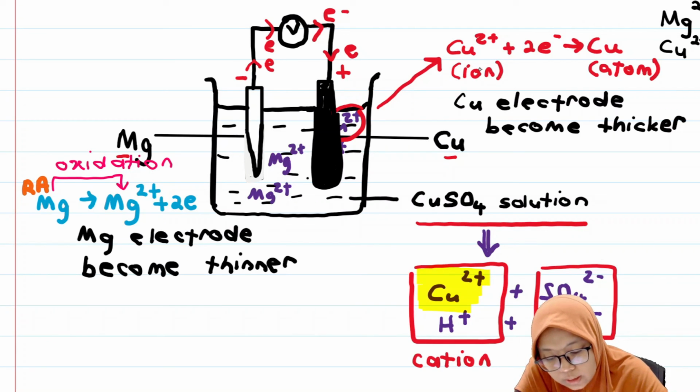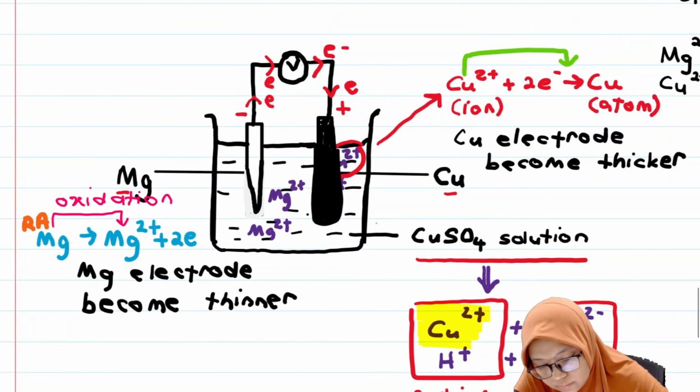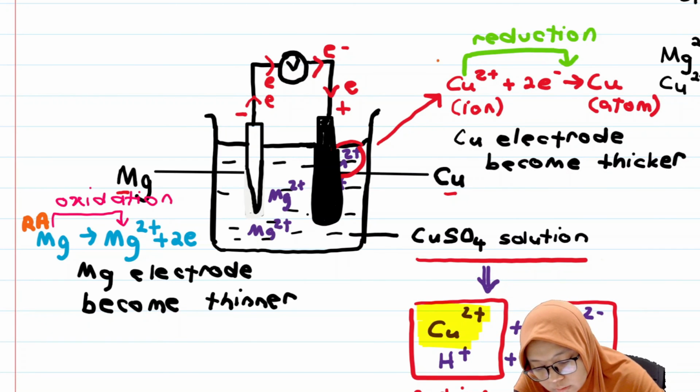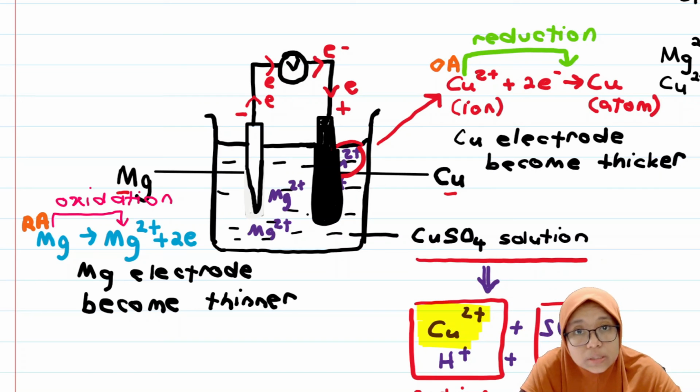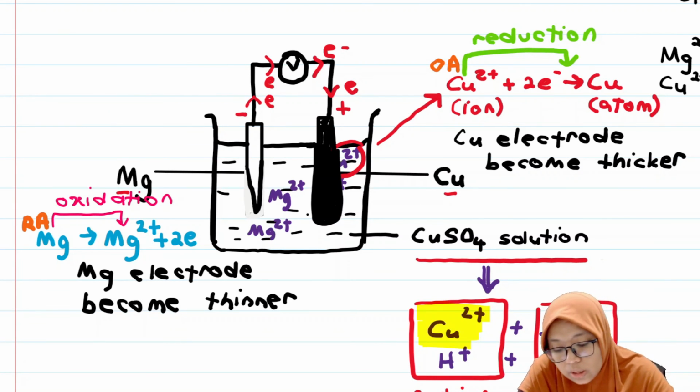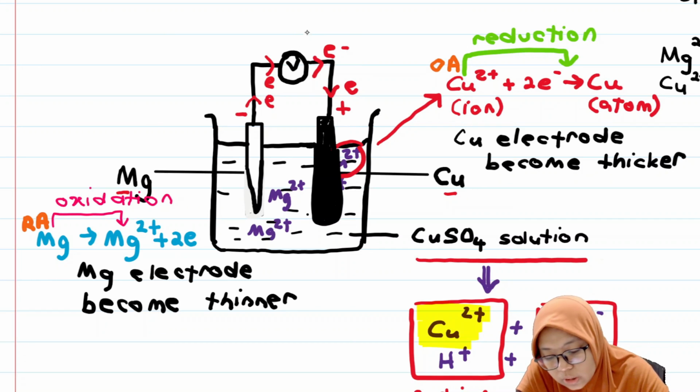And then at the copper electrode, the copper 2 plus ion will undergo reduction. So here copper 2 plus ion is the oxidizing agent. So the overall reaction is a redox reaction, and this is how you produce electricity. When the electron is transferred from the magnesium electrode to the copper electrode, this voltmeter will give a reading.